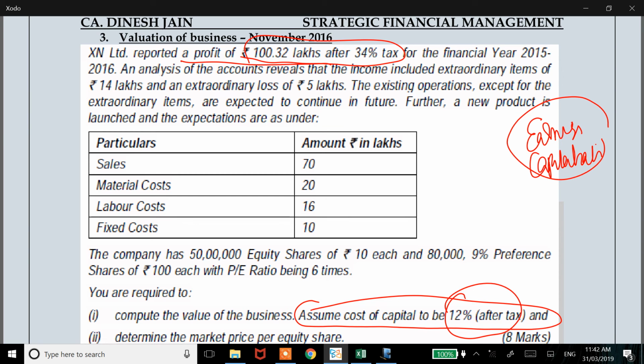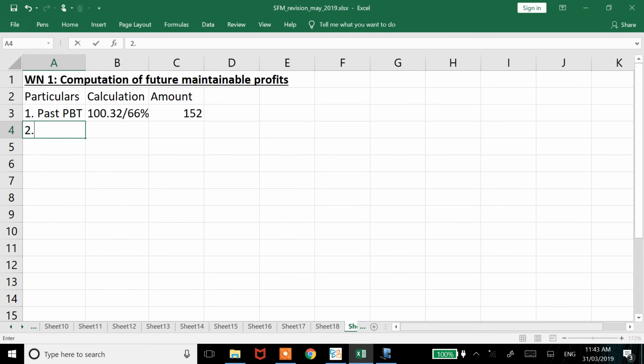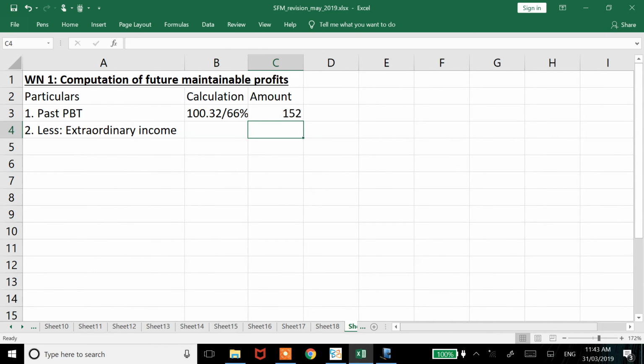What should we do with income? I'll subtract it because this is not going to be there in future years. So point number 2, less extraordinary income. This number is not going to be there in future.